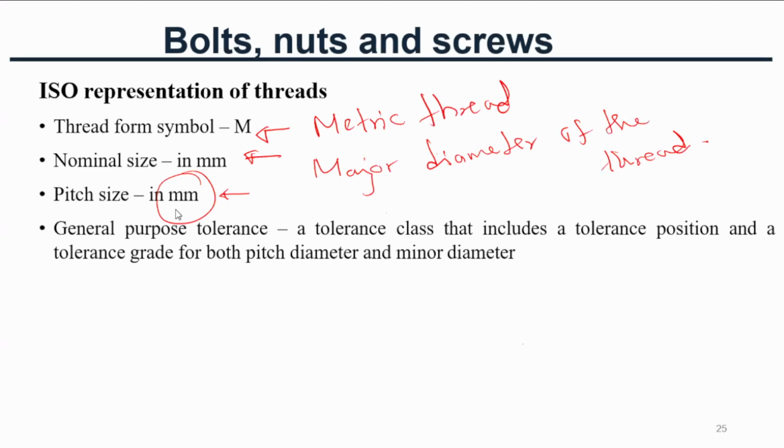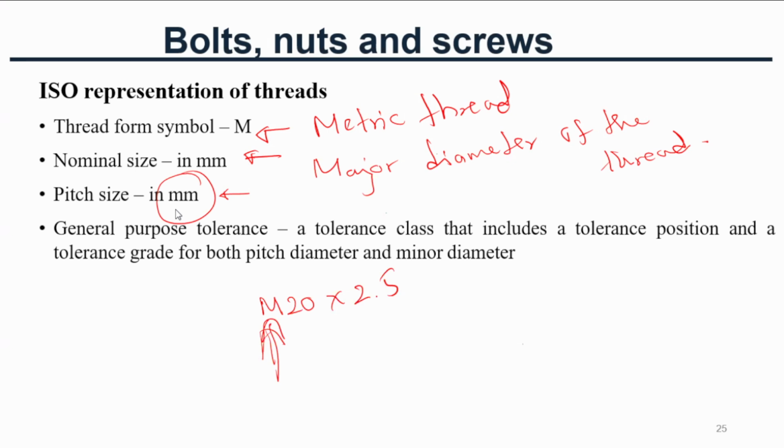So as an example we can write M20 multiplied by 2.5. You know, M means metric thread. According to this letter M, we can say this is a metric thread.